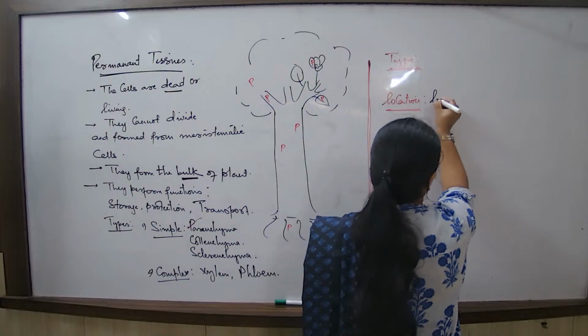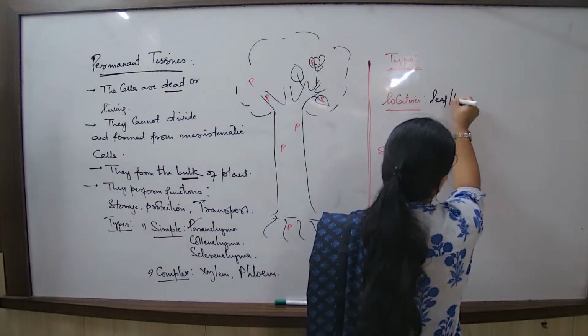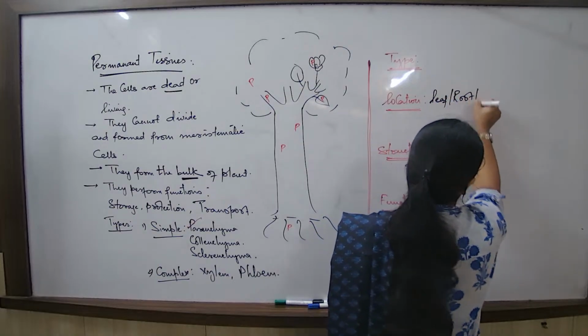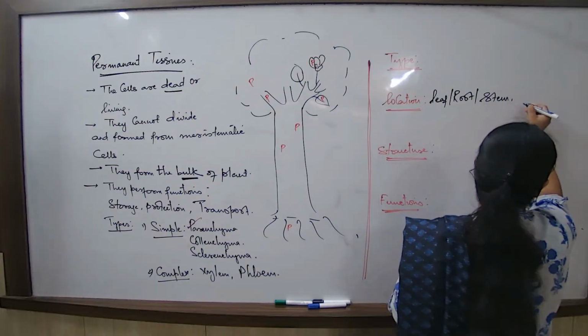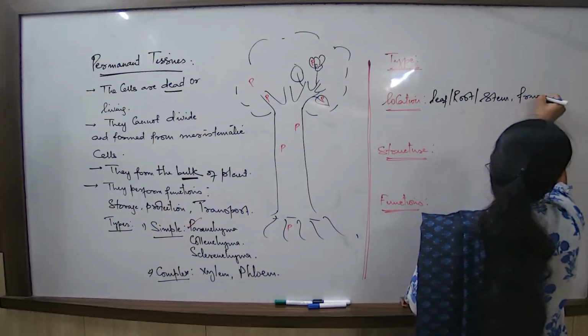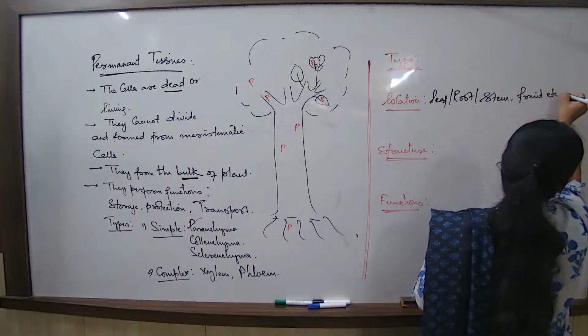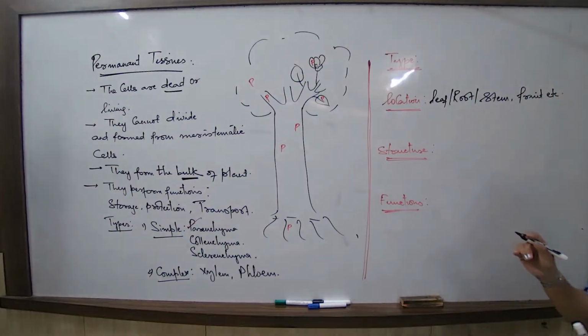I would say parenchyma is present in the leaf, the root, the stem, the fruit, and many more. The fruits that you eat, it's all parenchyma.